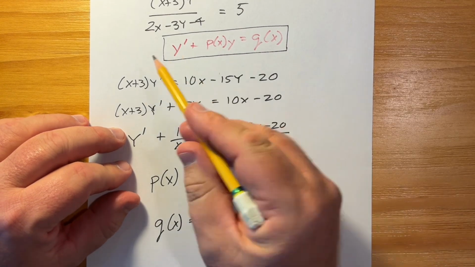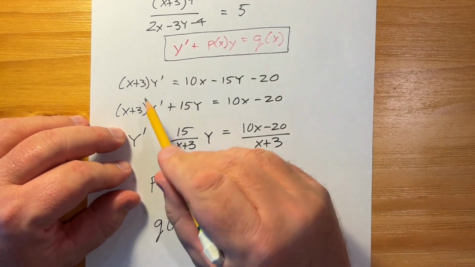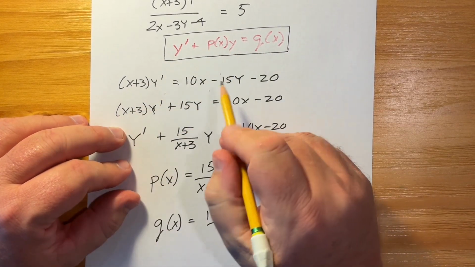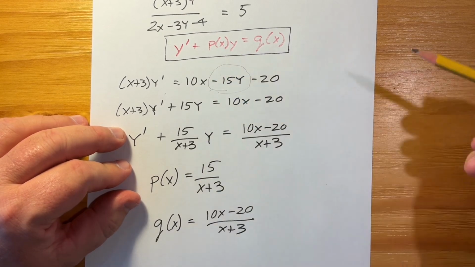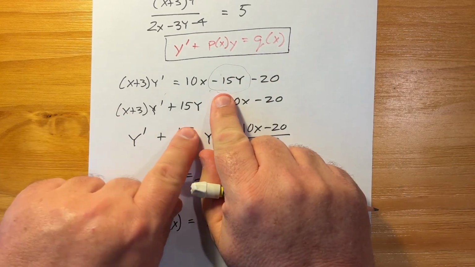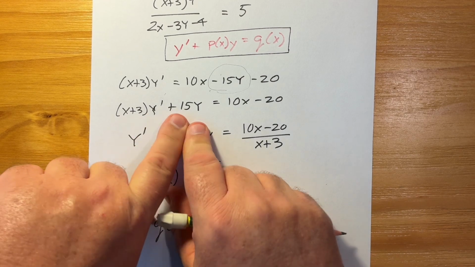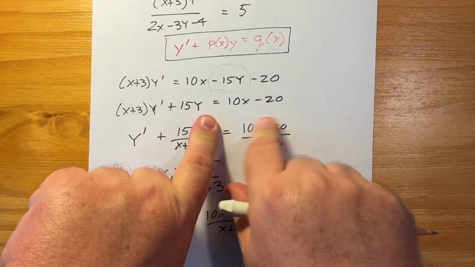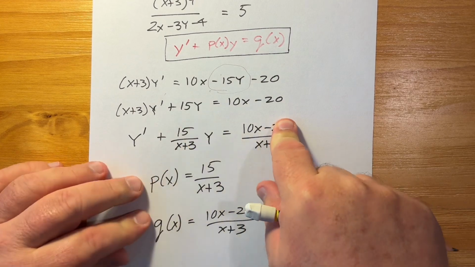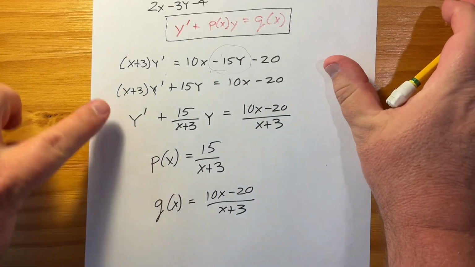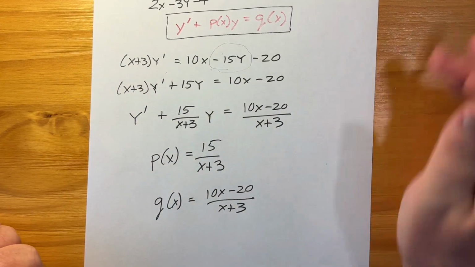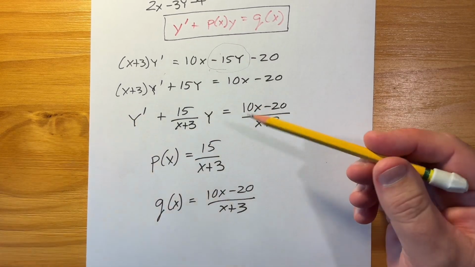In this case, here's my y prime. It's supposed to be on the left. X is just supposed to be on the right. Here's a y term. I've got to move that over, so I'm just going to add that to both sides. So I have something y prime plus something y equals something x's, right? X's and numbers. Now I'm going to divide by this x plus 3, and now I have that standard form.